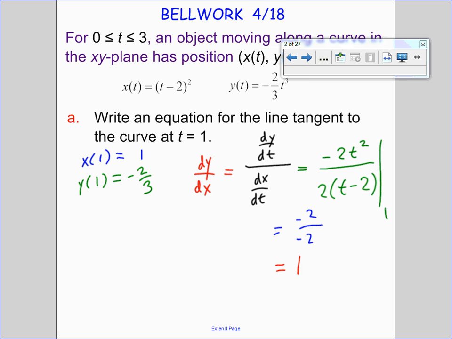So we've got our 3 things. We've got our x coordinate of the point of tangency, our y coordinate of the point of tangency, and the slope of the tangent line, which means we can go to our age-old classic point slope form, y minus y sub 1 is equal to m times quantity x minus x sub 1.